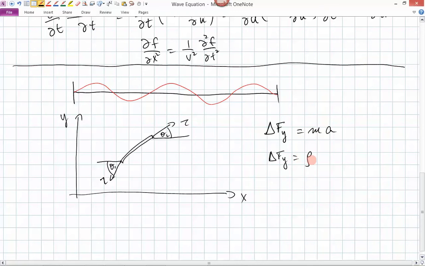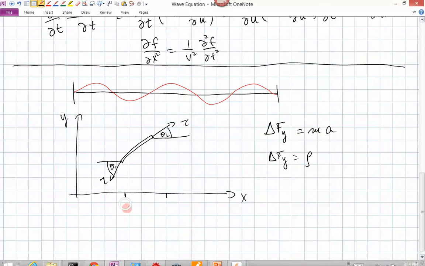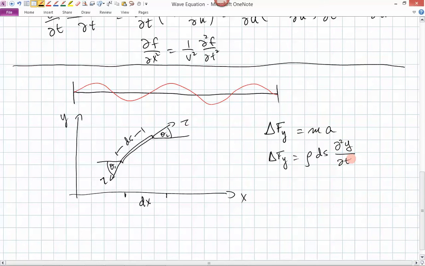Let's say the string has a density rho, and this distance here is dx, and this length here is ds. So rho ds is just the mass in this length here, times the acceleration, which is the second derivative of y with respect to time.